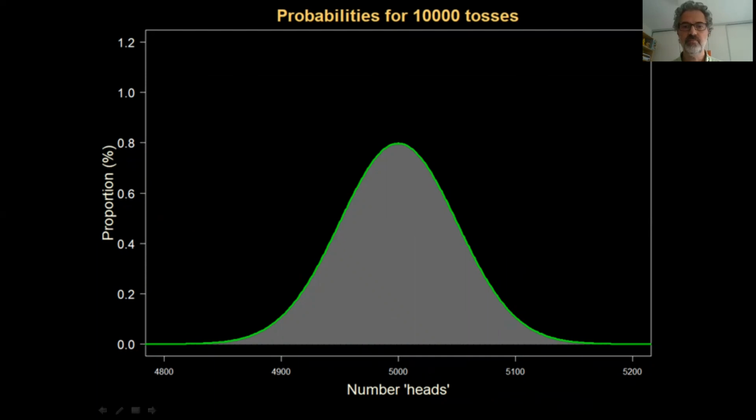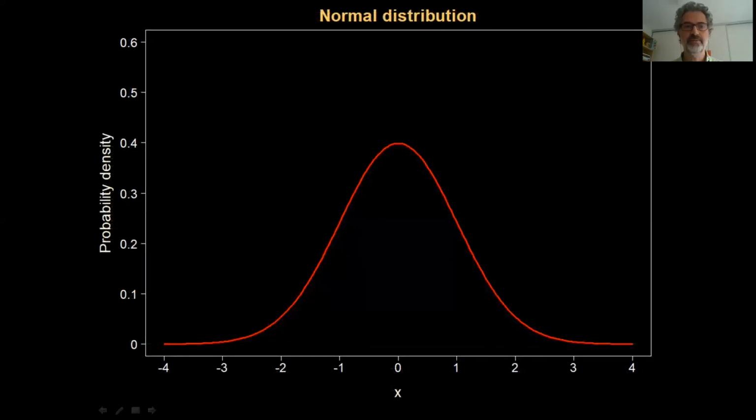But there are so many of them that they completely merge into one another, into one big area, one big blob. The shape of the curve joining the tops of all these infinite individual bars for an uncountable number of tosses is called the normal distribution. And this is what it looks like.